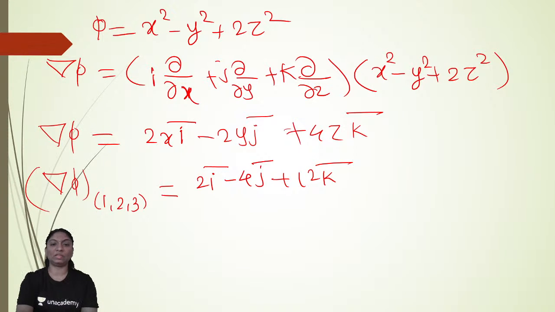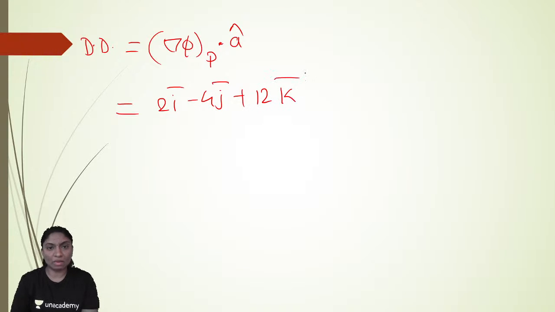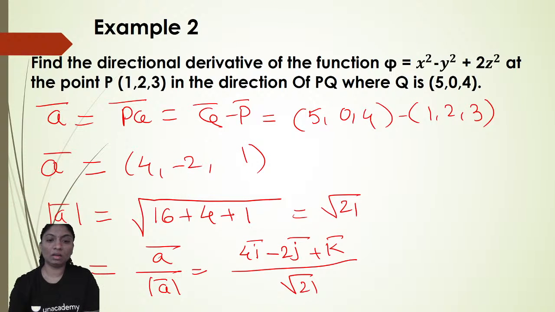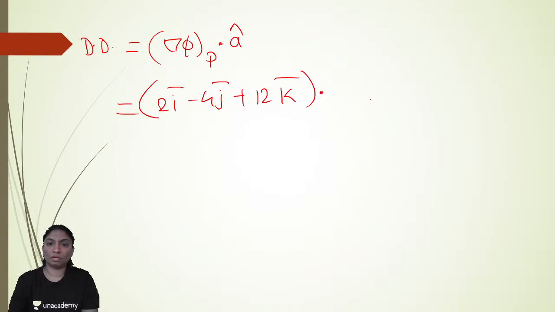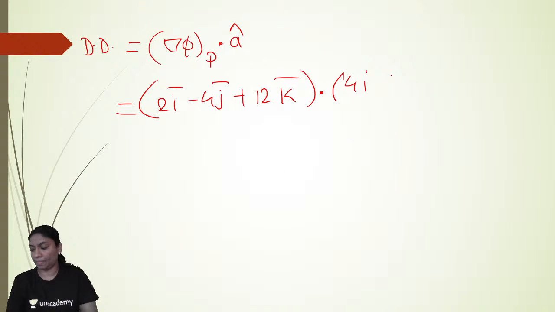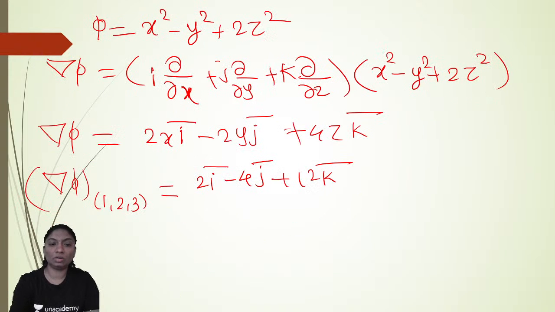So (2 i bar minus 4 j bar plus 12 k bar) dot a cap, which is (4i bar minus 2j bar plus k bar) upon root 21.